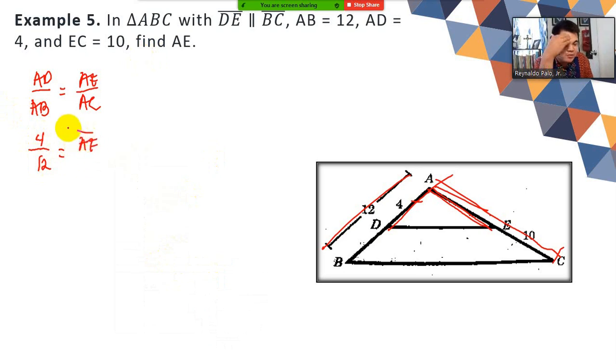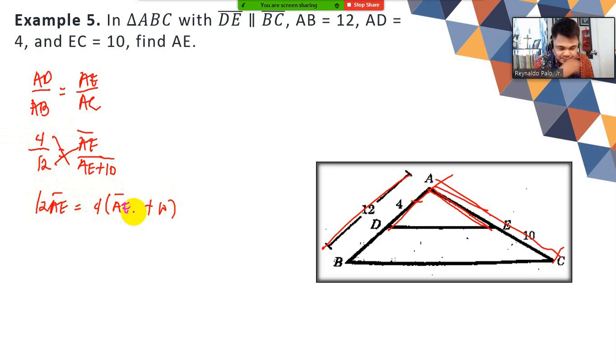Then for you to be able to get AC, you have to add AE plus 10. Then cross multiply. So 12 AE equals 4 times segment AE plus 10. Distributing, 12 AE equals 4 AE plus 4 times 10, which is 40.